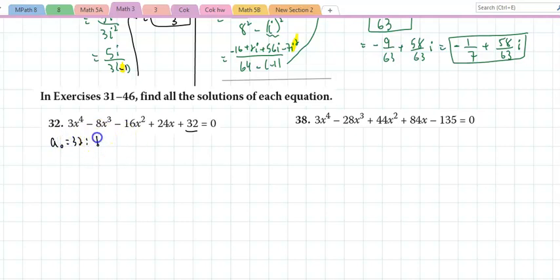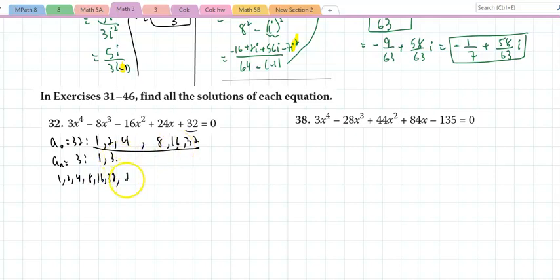The factors of that are 1 and 32, 2 and 16, 3 doesn't work, 4 and 8, 5 doesn't work, 6 doesn't work, 7, no, 8, 9, 10, 11, nope, that's it. And the leading term is a 3, the factors are 1 and 3, so I know it's all of these, and all of these divided by 3.